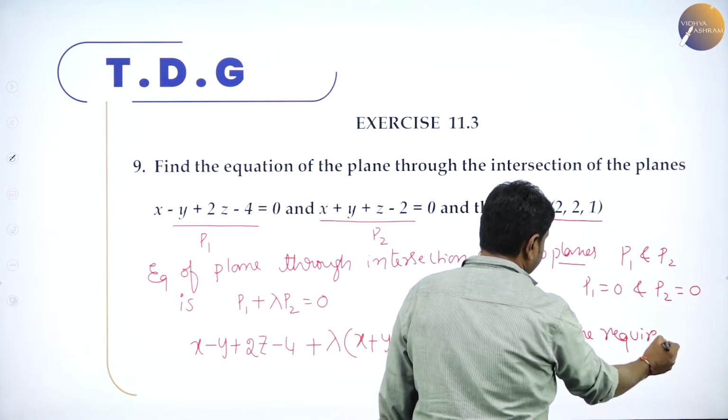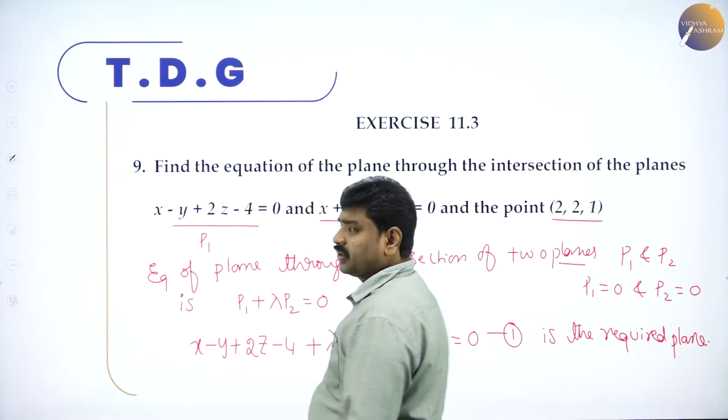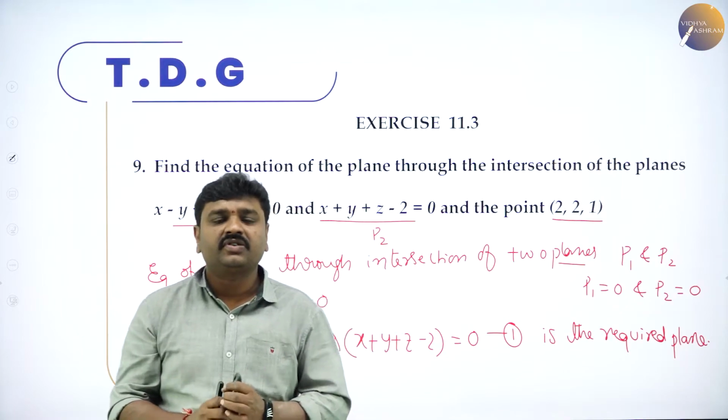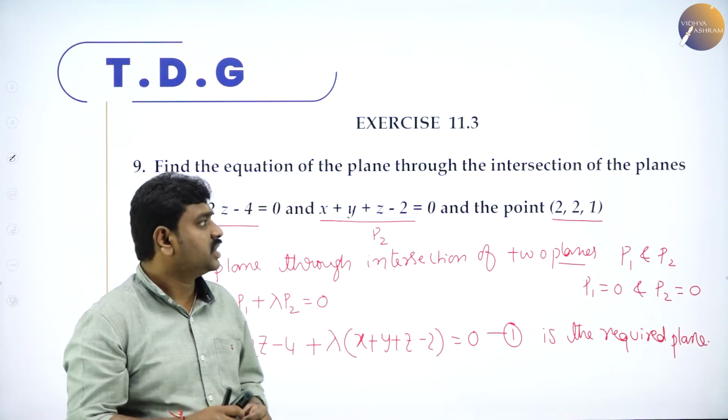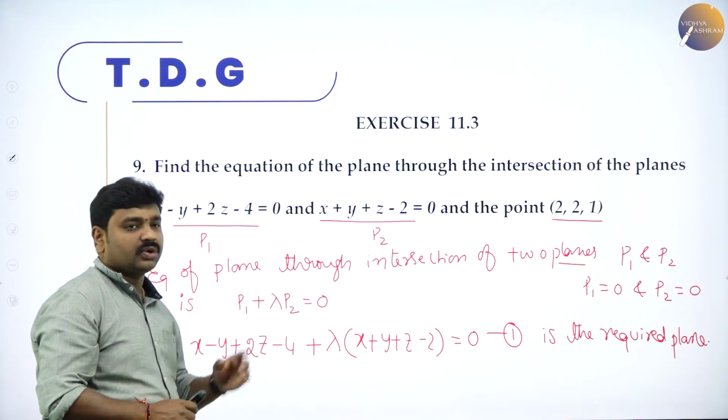Dear students, first become thorough with the concept. If they want you to find the equation of the plane through the intersection of two planes, it is P1 plus lambda times P2 equal to 0.